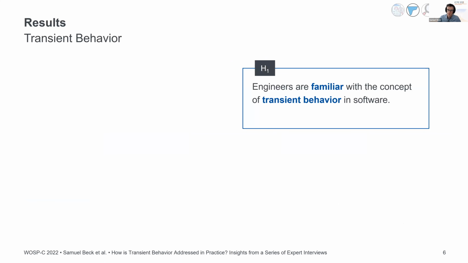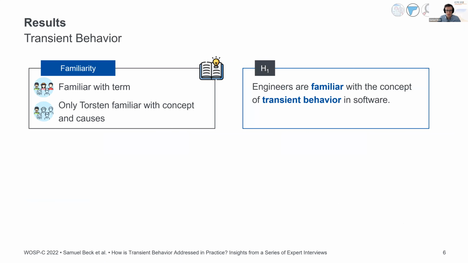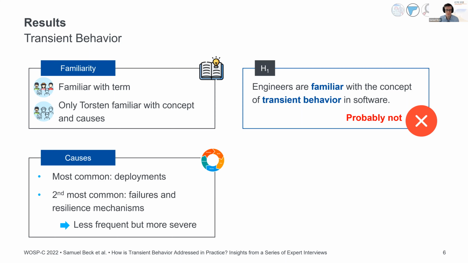The first hypothesis was that engineers are familiar with transient behavior, and during our interviews, we uncovered that 3 out of the 5 interviewees were familiar with the term before the interview or had at least heard about it, but only one of them was really deeply familiar with the concept and its causes. So we can probably say that this first hypothesis is probably not true.